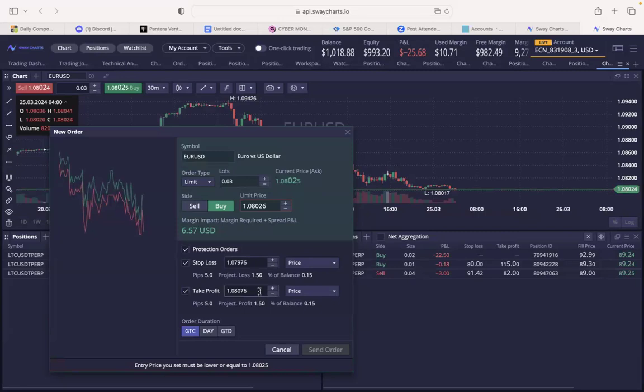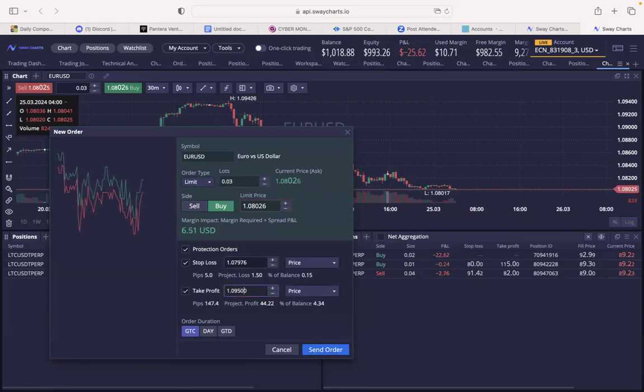I want to take profit at, let's say, when the market goes to 1.09, whatever. So I want to make $44 and lose $1.50, right? I'm risking 5 pips to make 147 pips, which is crazy. And pips is just the percentage in price.